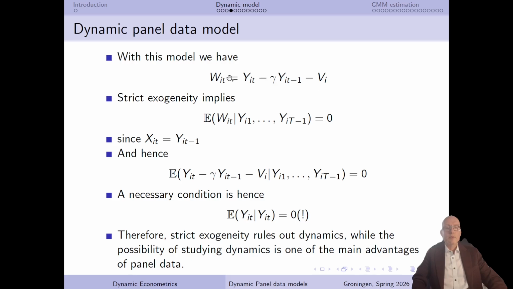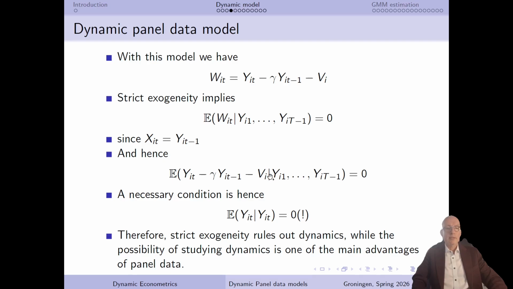If I'm going to substitute this into this equation that we have over here, we get then this equation over here. Then we have that the mean of y_it minus gamma y_i,t-1 minus v_i, conditional on all the y_i's that we have over here, must be equal to 0 in order for strict exogeneity to hold.